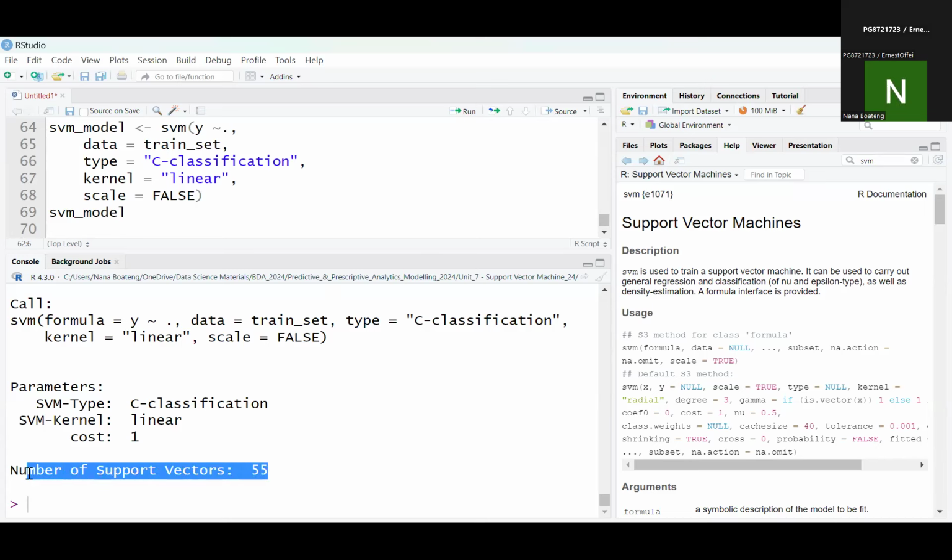I explained earlier that these points are very close to the decision boundary, and it might lead to misclassification. Meanwhile, they are also very important. When you remove them, it affects the position of the decision boundary. So as much as possible, you want to have as few support vectors as possible, without compromising the effectiveness of the model too much. Okay. All right, good.